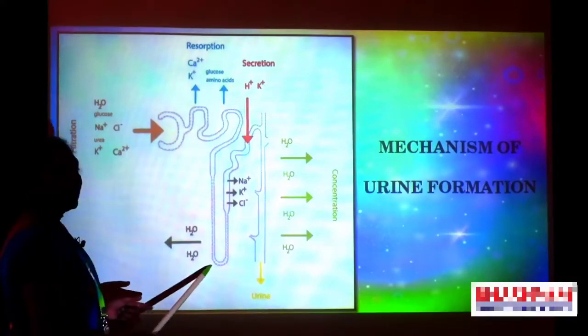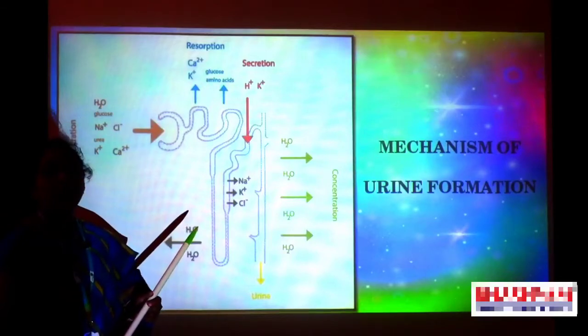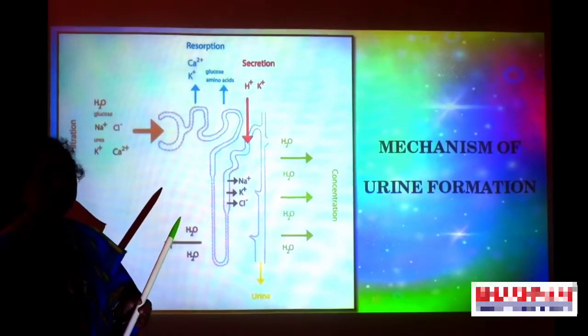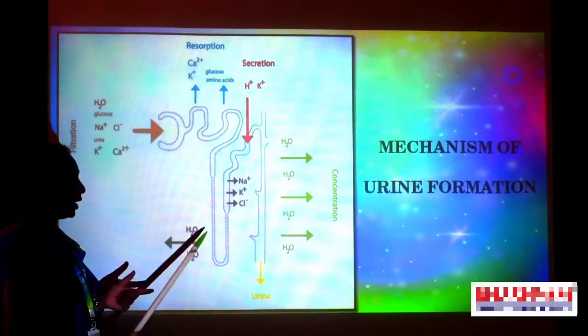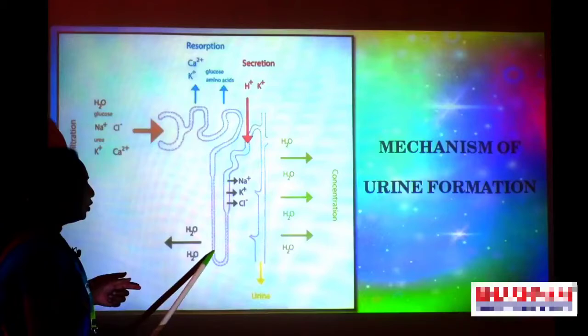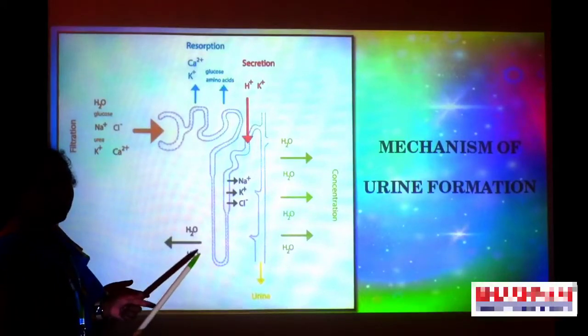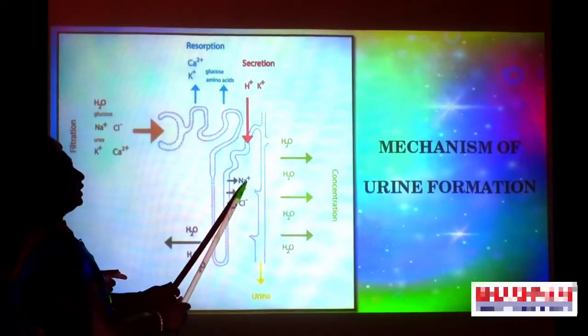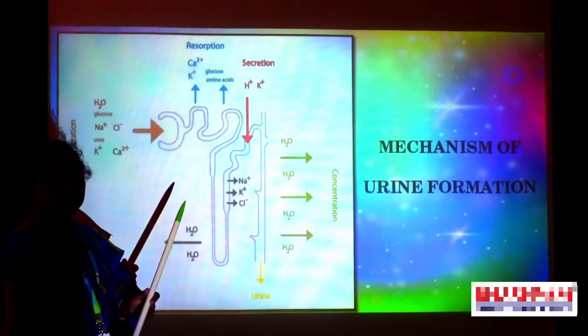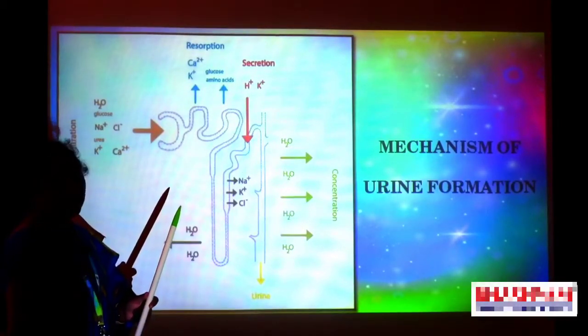This special mechanism we call the counter current mechanism. Under this counter current mechanism, they reabsorb and help to secrete a number of other chemicals in the next step, the DCT.